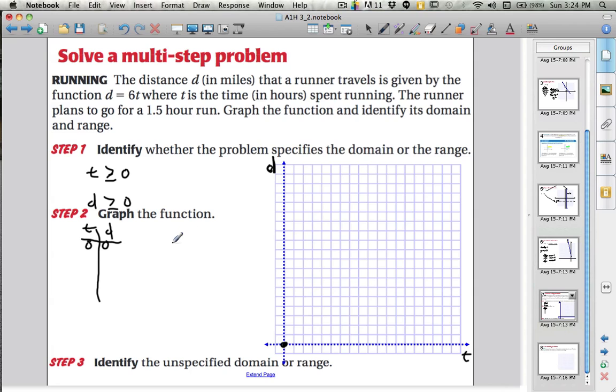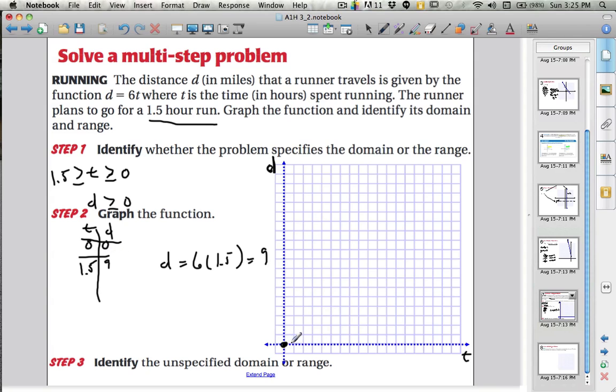And let's go ahead and plug in a 1.5 hour run. Actually, my time has to be greater than or equal to 0, but less than or equal to 1.5 because I'm going for a 1.5 hour run. Okay, so I'm going to plot the two ends of my line segment. 0, 0 is where I begin, and my distance will be equal to 6 times 1.5, which is equal to 9.